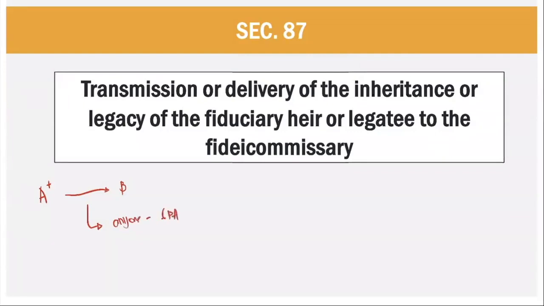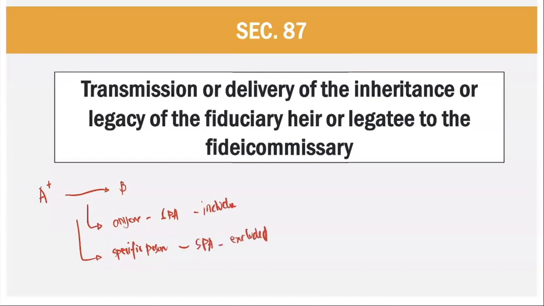This is a general power of appointment. But if under the will of A to B, A instructs B to transfer it to a specific person. A specific person. Okay? So if that is a GPA, we said we should include it. But if that is a special power of appointment, it is excluded.